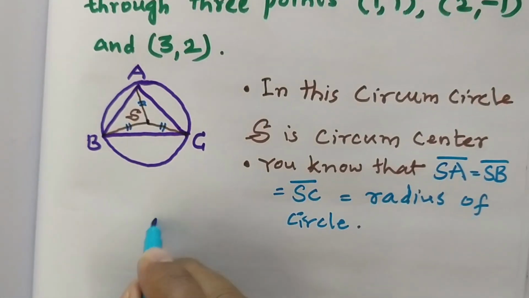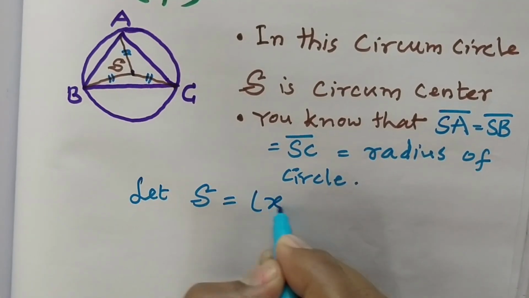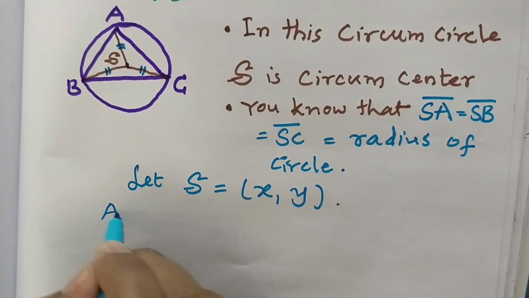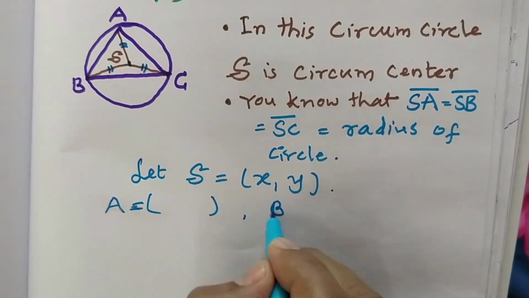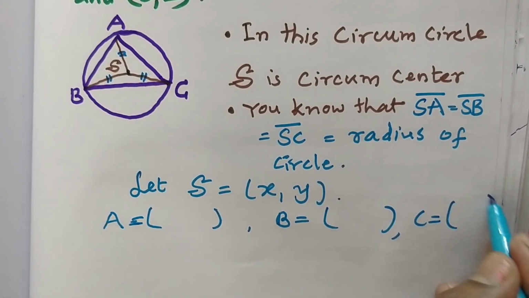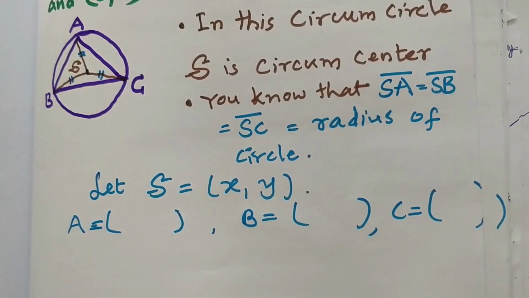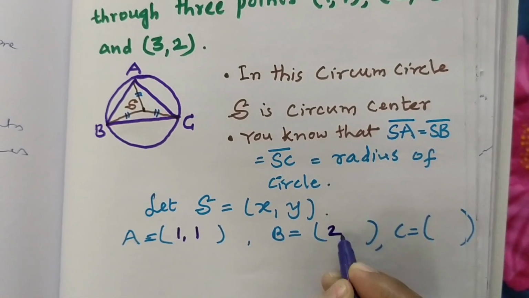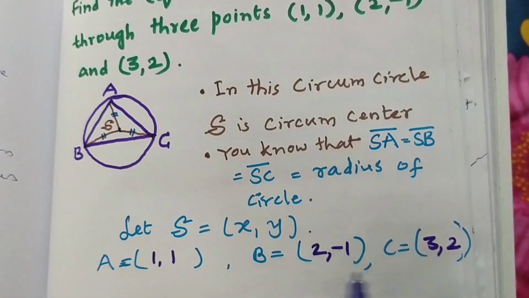Let S be (x, y), and A, B, C are what is given, that you have to write. Those are (1, 1), (2, -1) and (3, 2).